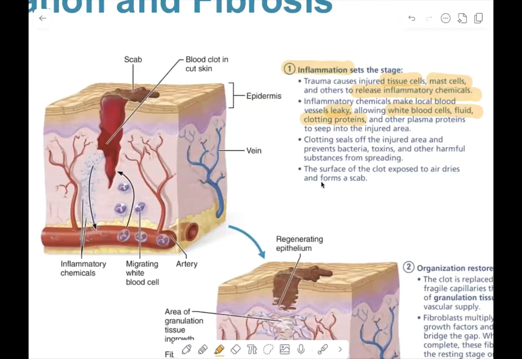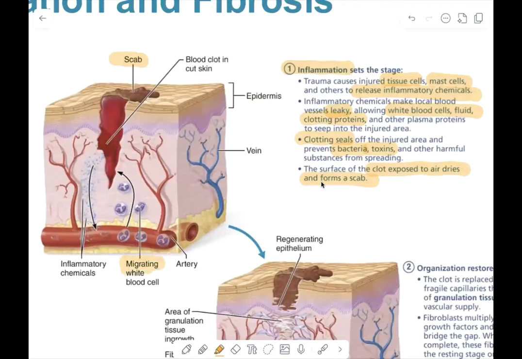The clotting first seals off the injured area, prevents bacteria, toxins, and other harmful substances from spreading, and the surface of the clot is now exposed to the air and it dries to form a scab. So after step one, we now have a scab.